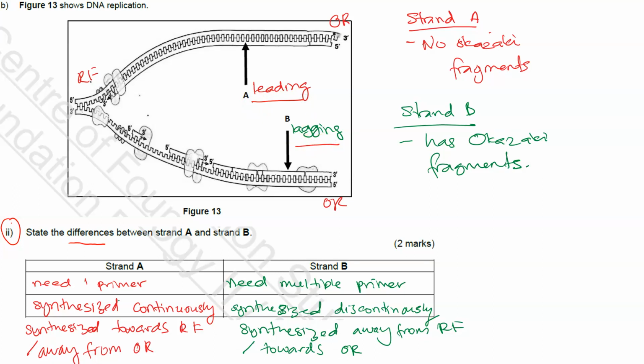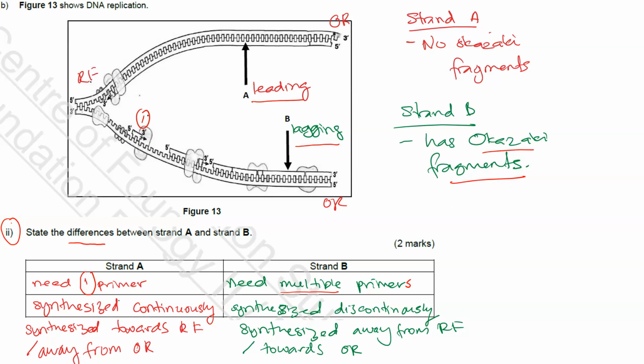Strand A, as I said before, is the leading strand. It requires only one primer. Strand B requires multiple primers, because the synthesis of one Okazaki fragment requires a primer. So you have many Okazaki fragments, so there will be many primers.